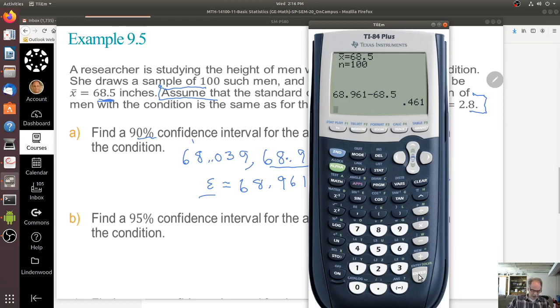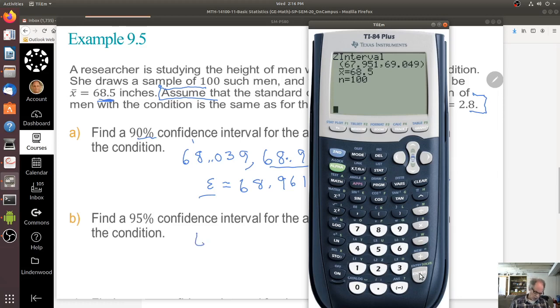Find a 95% confidence interval. If you want to be 95% confident, then it's going to be a wider interval. So let's use a calculator for that. Stat, arrow over to tests, down to 7. Everything's the same here, except I want to be 95% confident. Calculate. And indeed, I get a bigger interval.